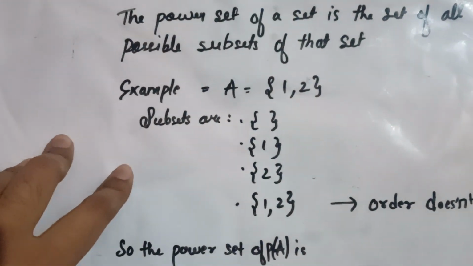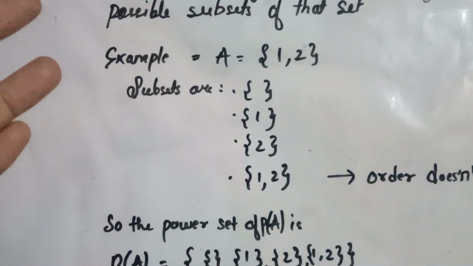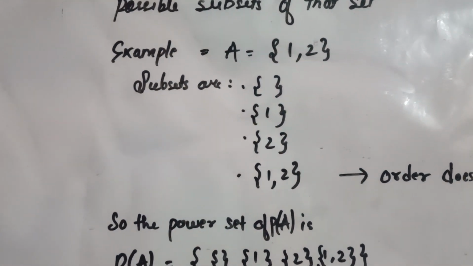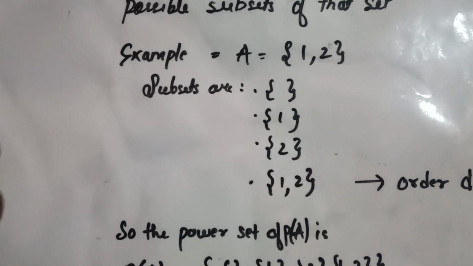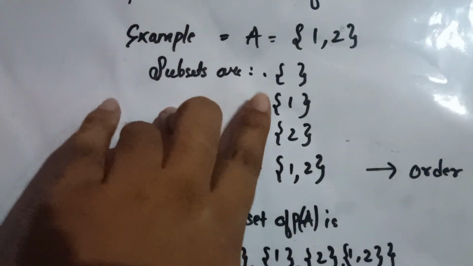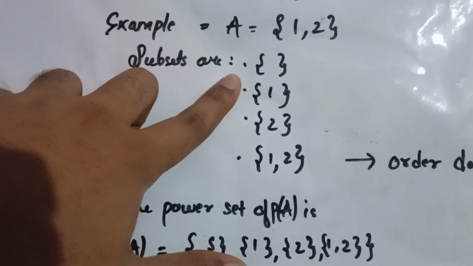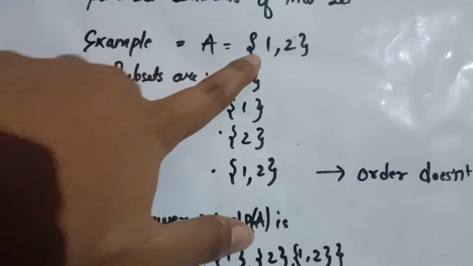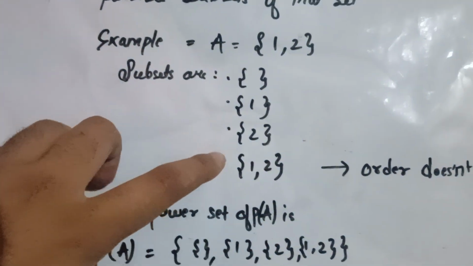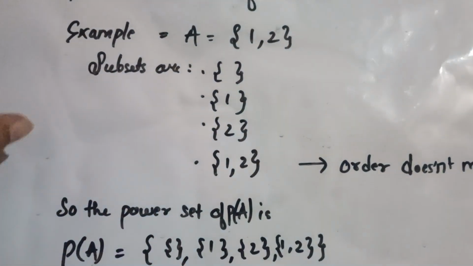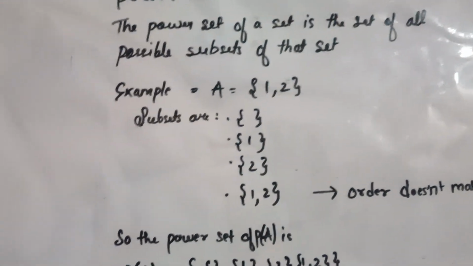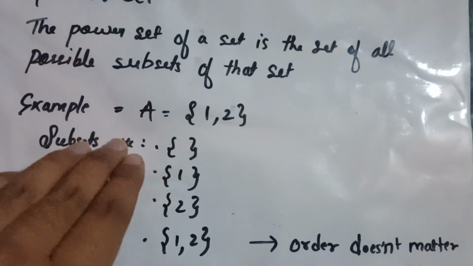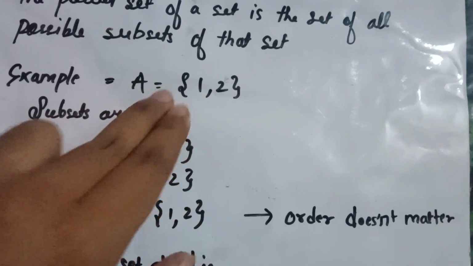With an example I can understand, so you can understand. So A is a set, and these are the subsets. This one we call the empty set, which has nothing in it. There's 1, 2, and 1 and 2. So the power set is basically how many possible subsets we can make out of this set.